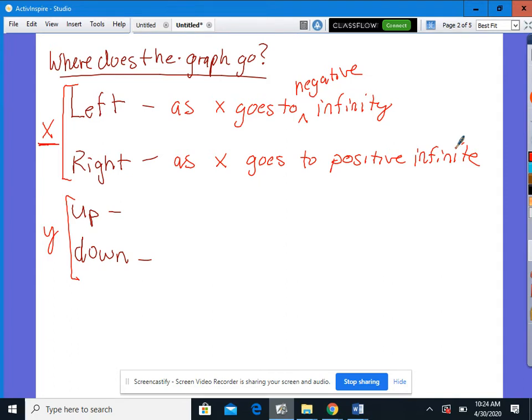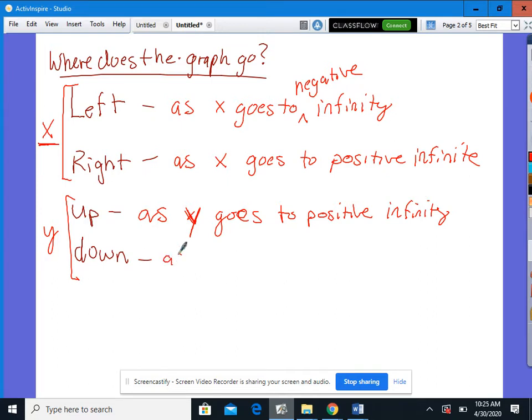Now up and down, kind of the same idea, but we're going to describe y. So this is another way to say as y goes to positive infinity. Because if you think about a graph, and you think about a function moving up, that means the y is getting larger as the function is moving up.